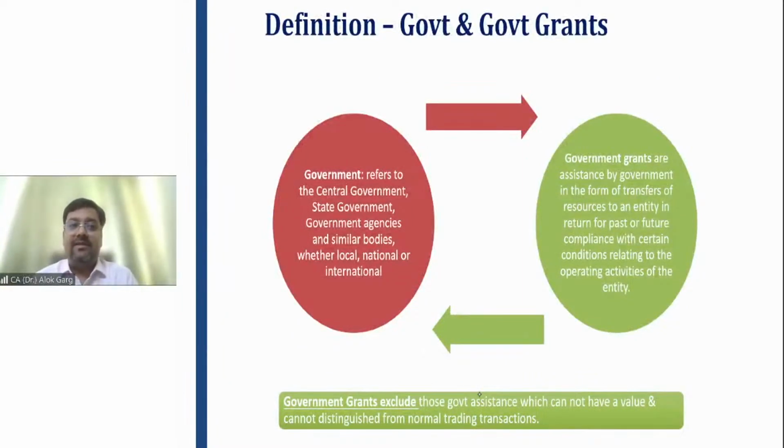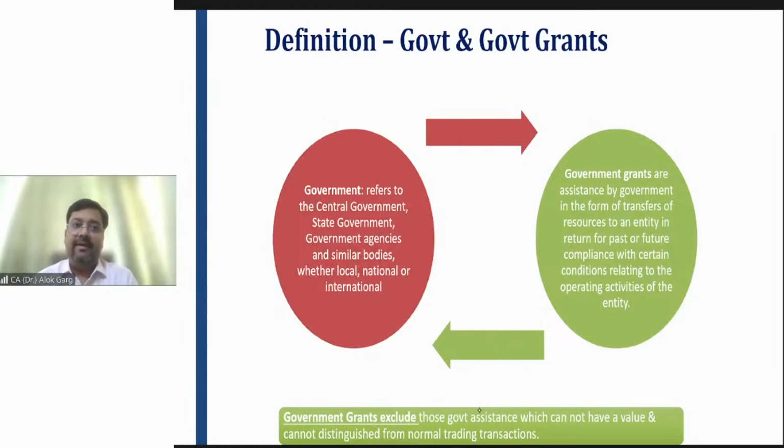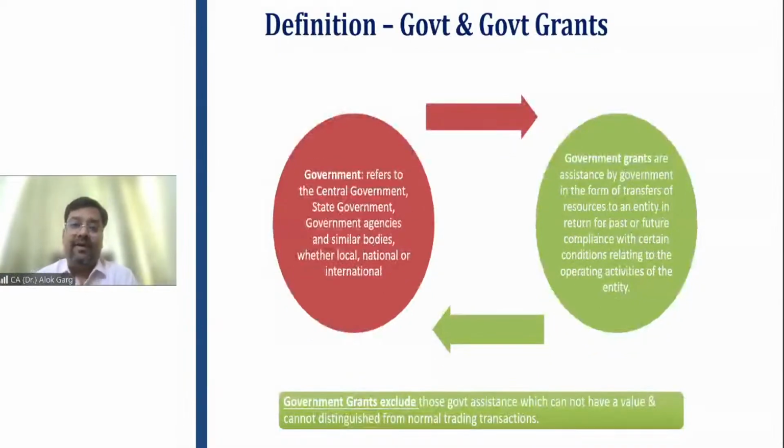Now let's discuss the meaning of government, right? We need to understand who all are covered in the government. So government includes central government, government of India, government of USA, Singapore government, Malaysian government, right?